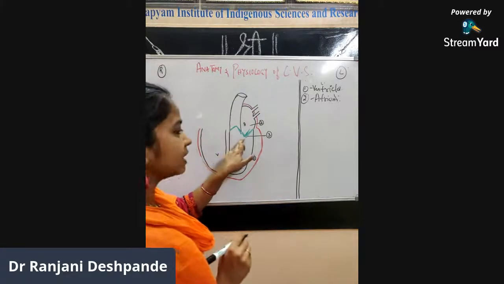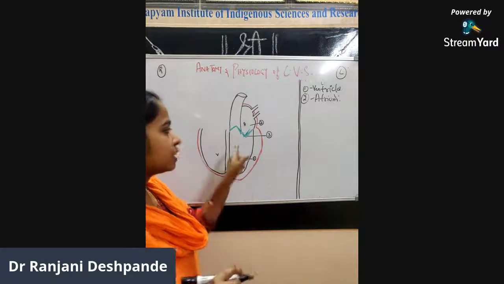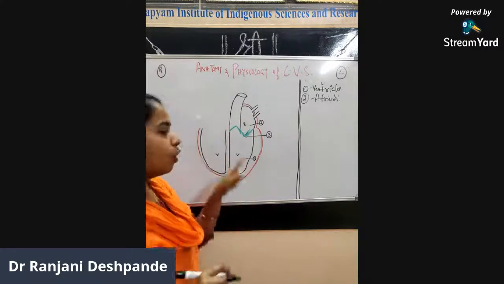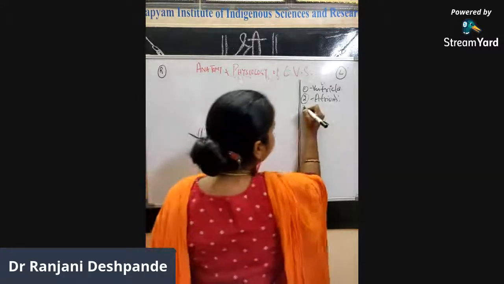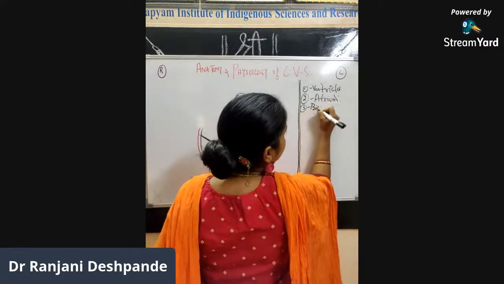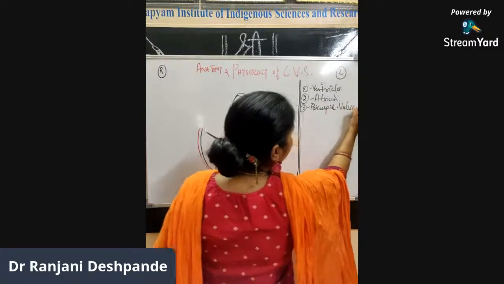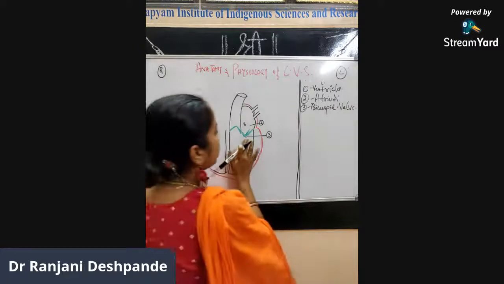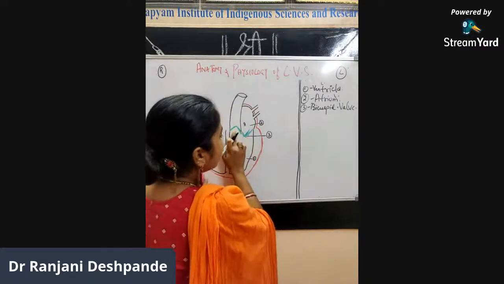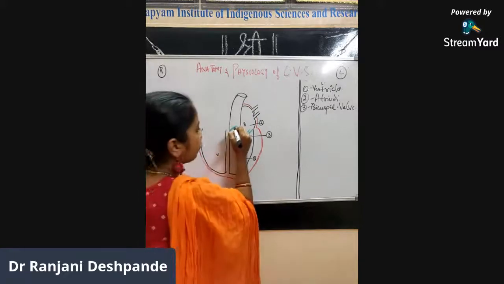So we have 3 names in general: the left atrioventricular valve, the mitral valve, and the bicuspid valve. So 3 here is the bicuspid valve.